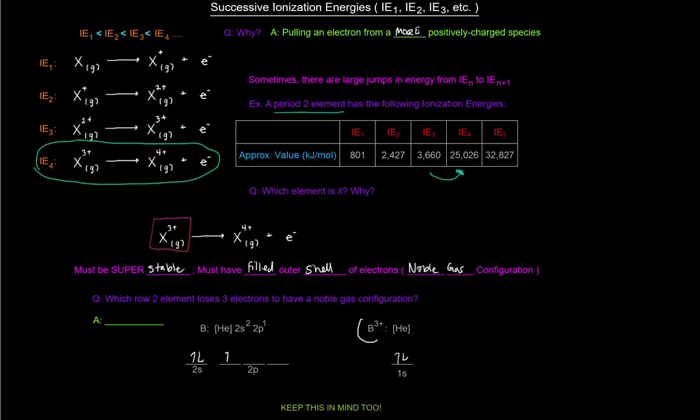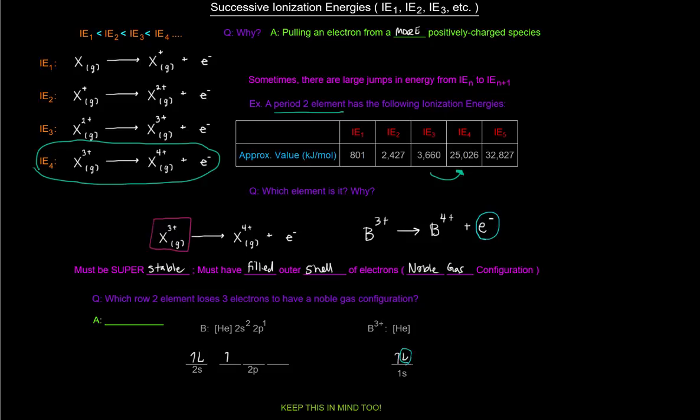So that means that this B3+ is representative of this X3+. B3+, if it had to lose an electron, would become B4+, and then that electron would leave. But that would mean that this electron would have to come from the 1s orbital.